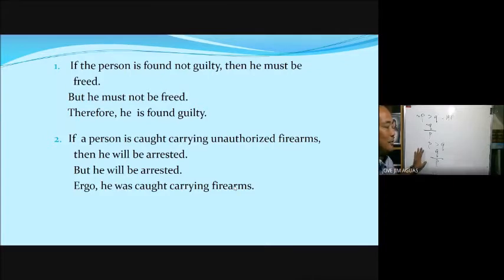If a person is caught carrying firearms, then he will be arrested. My friend was arrested. Does it mean he was arrested because he was caught carrying firearms? No, he could be arrested for some other reasons, right? So that means this is an invalid conditional syllogism.